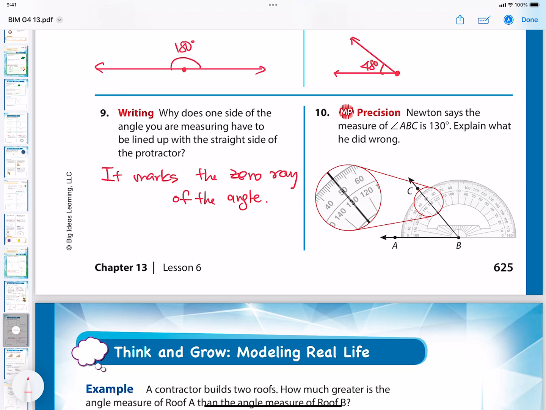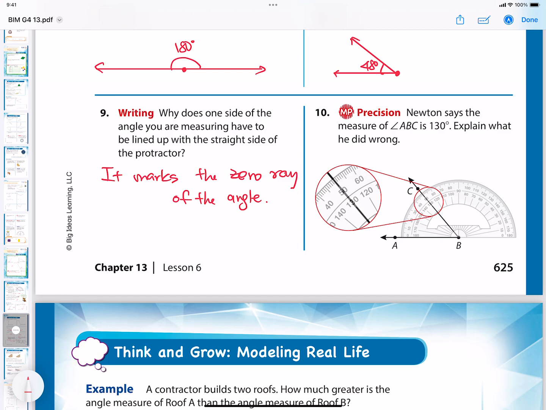Number 9, to be honest, you have to just understand, or remember. You don't have to remember if you don't know how to understand, but you have to memorize. You have to align the straight line with the 0 degree mark. That's the rule. That's it. Period. Okay, let's move on to number 10.